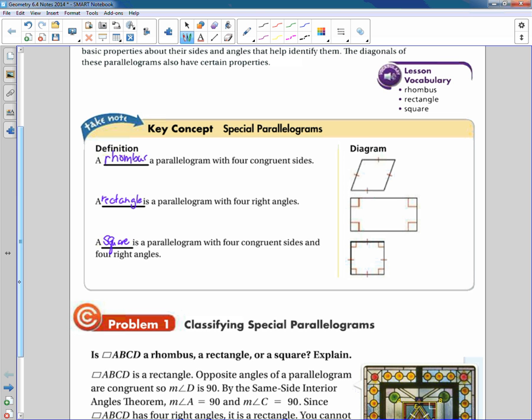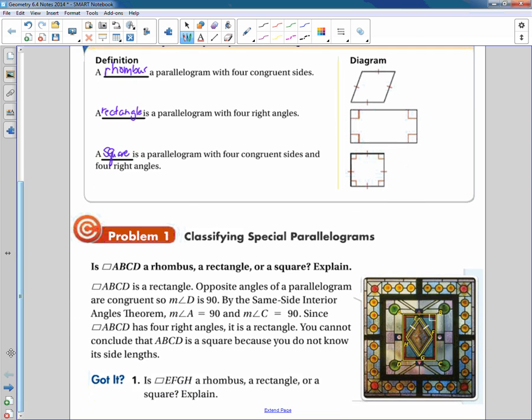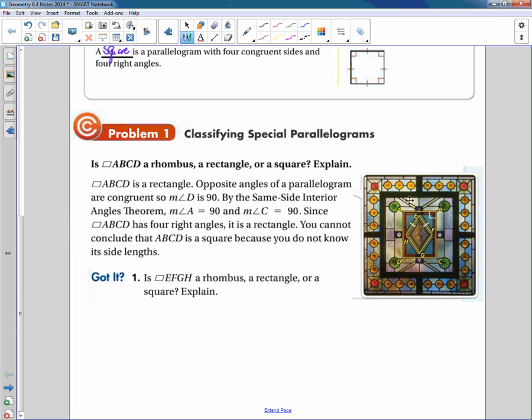Okay, all right. So let's look at problem one and determine if we have a parallelogram, a square, a rhombus, or a rectangle. It says, is ABCD a rhombus, a rectangle, or a square, and explain. What do we know about this picture?